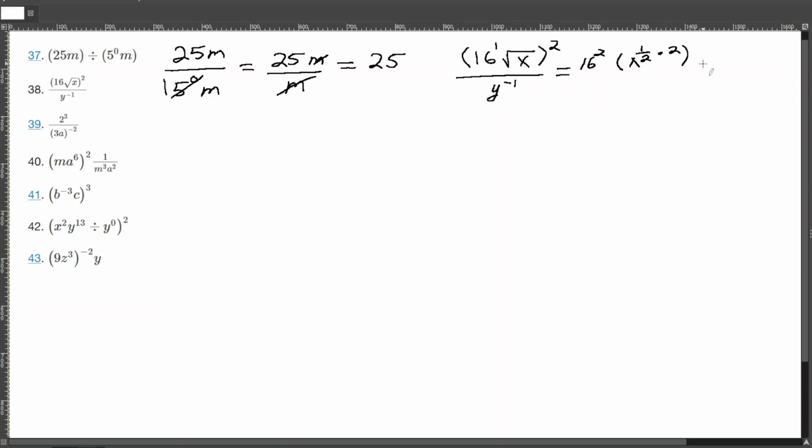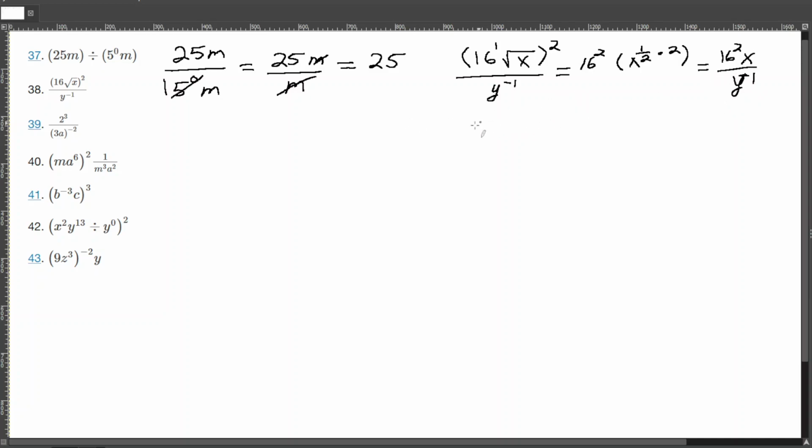So for the top, we have 16 squared x over y to the negative 1. Now for the y to the negative 1, all we can do is pull it up top. I'm sorry, it won't let me draw this negative; that's y to the negative 1.